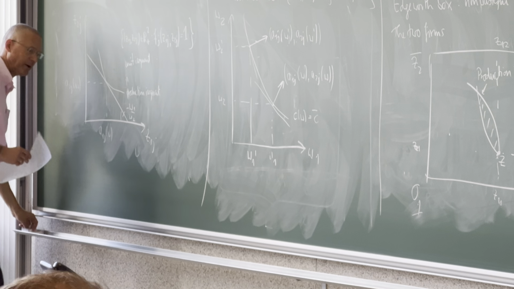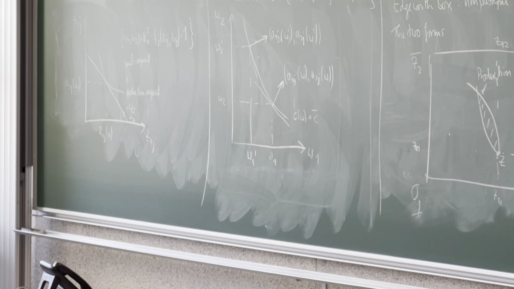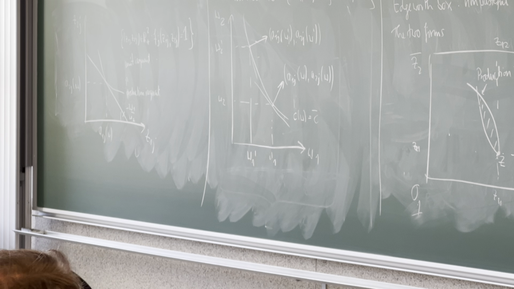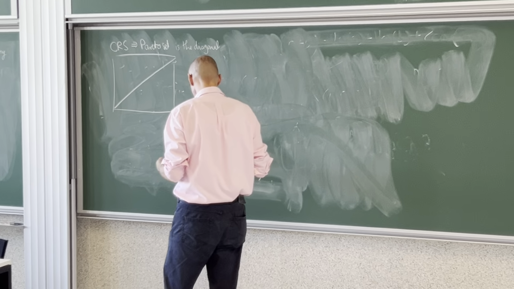The diagonal is basically the line where all efficient production takes place. If you're outside one of these points on the diagonal, you can improve by reallocating your inputs. You can improve the outputs of at least one, but you can improve both.